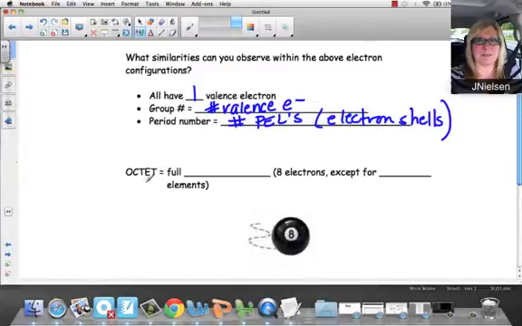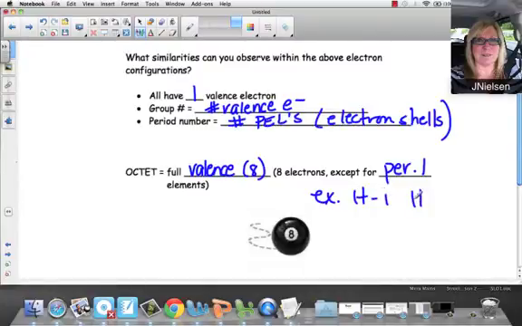And an octet, oct means 8, is full valence, or 8 electrons, except for period 1 elements. And there are 2 exceptions in period 1. We have hydrogen, which only has 1 valence electron, so it's just 1, and helium, which has 2 because they're so small.